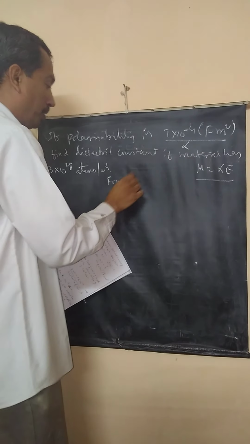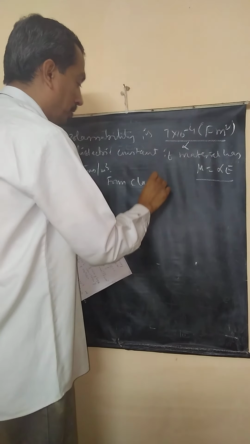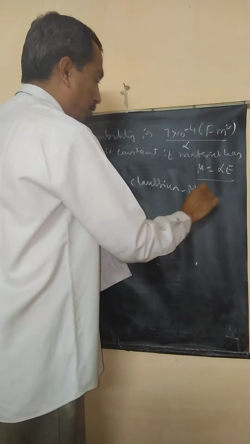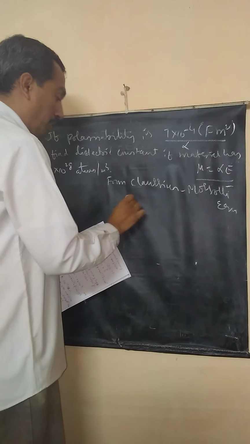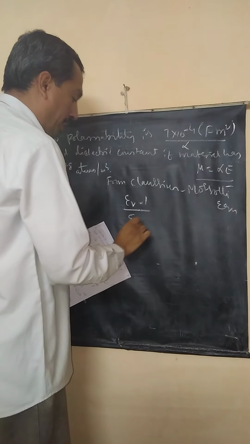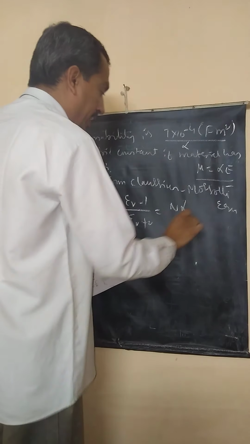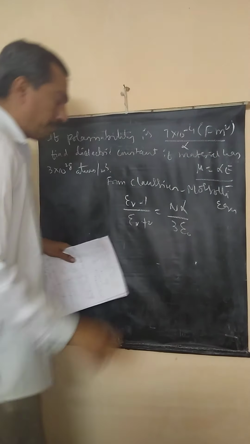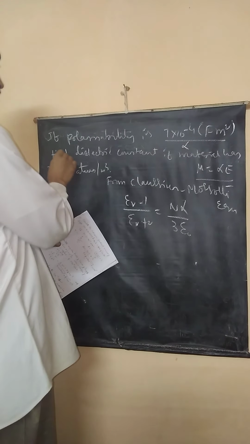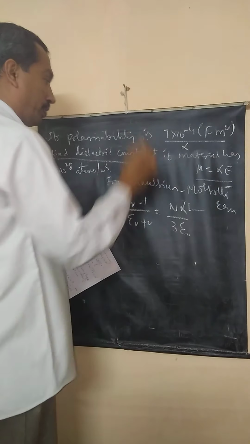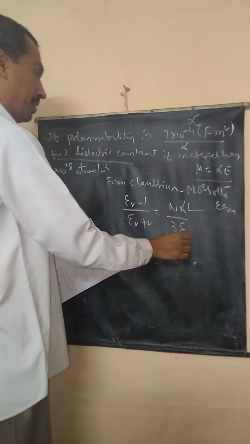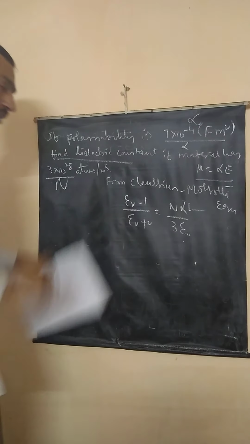See here, from the Clausius-Mossotti equation, what do you have? Epsilon r minus 1 by epsilon r plus 2 is equal to n alpha by 3 epsilon. Epsilon r, find the dielectric constant, we have to find epsilon r. Polarizability alpha is given, n is given here, correct?